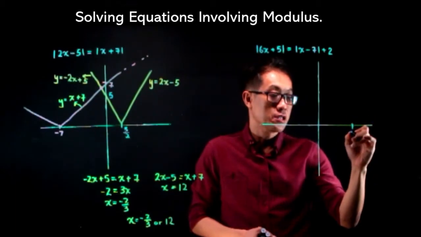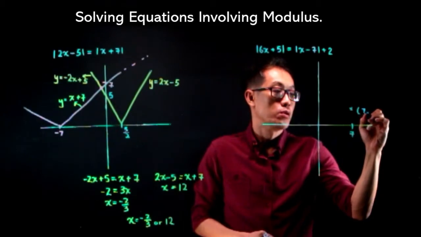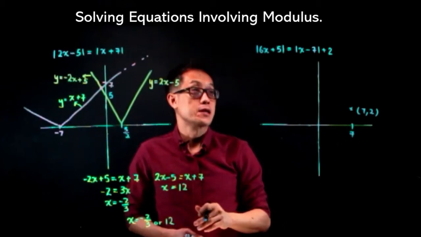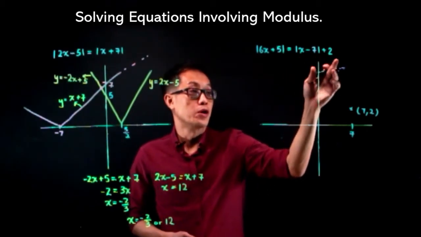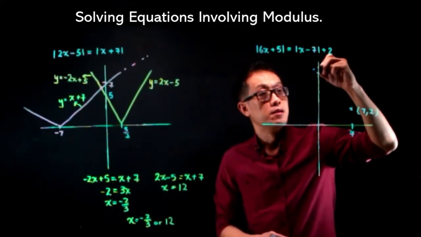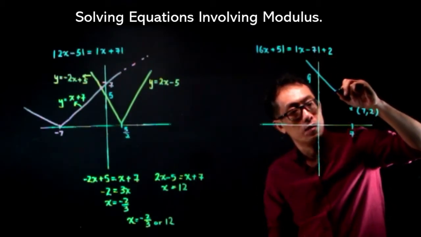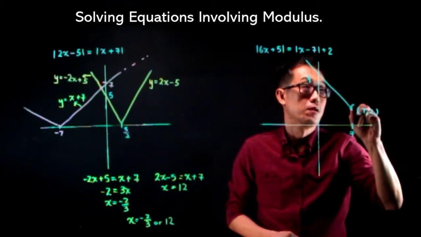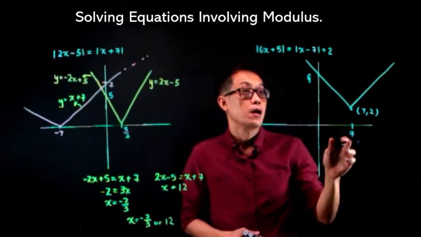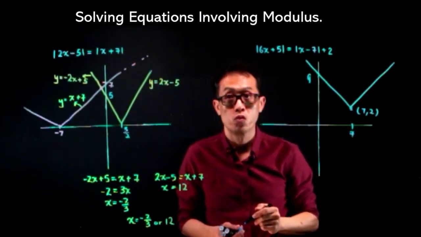So let's say 7 is here and this is 2. Now what is the y-intercept? You put x equals 0, so you get 9. So let's say 9 is somewhere here. So this is the graph for mod x minus 7 plus 2.